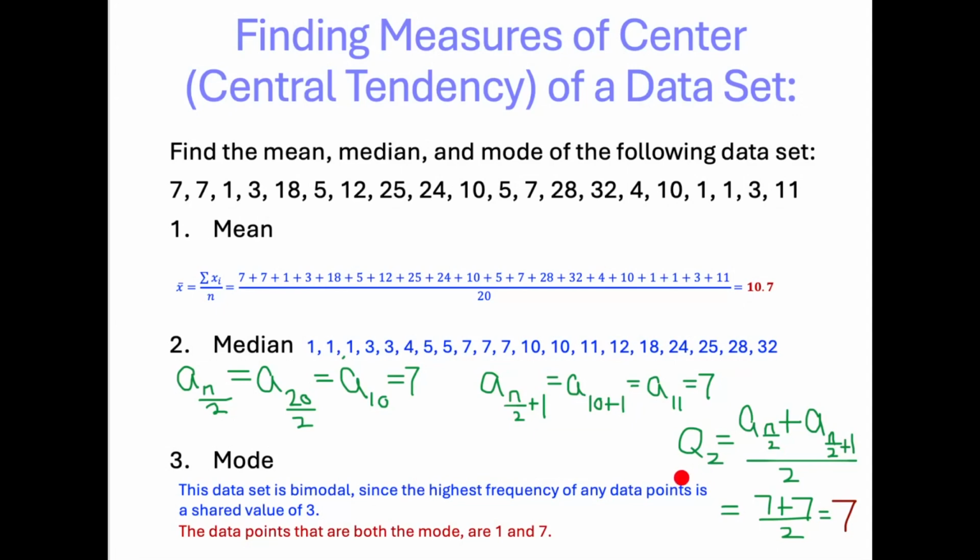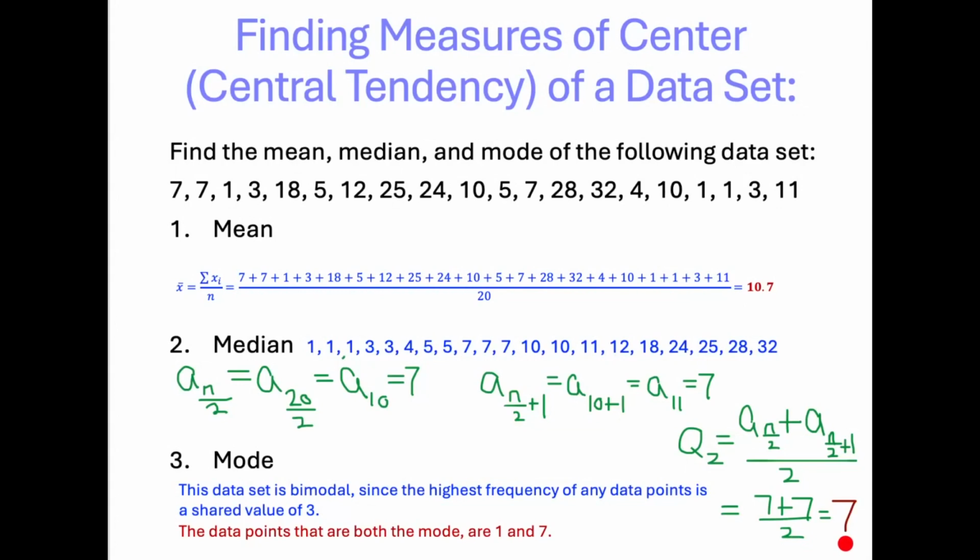So Q2, our median, is equal to a sub n over 2 plus a sub n over 2 plus 1, all divided by 2, which we just found these to be 7. So 7 plus 7 divided by 2, which is equal to 7. So that's the median.